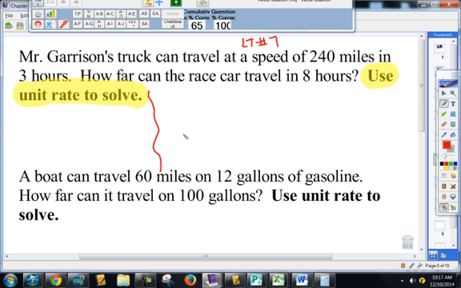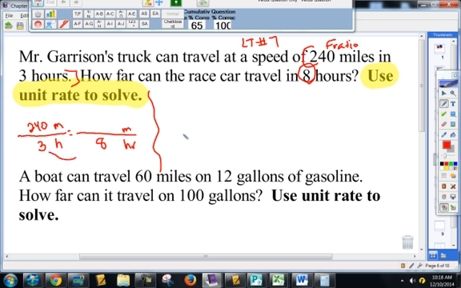We use it as a rate, right? Miles and hours. Now what's my fake ratio? Right here, right? We know that my truck can travel 240 miles in 3 hours. So then we just figure out, well, what's our real information? What piece of real information did they give us? And then we'd put 8 there. And then we would cross multiply and divide, and we'd get an answer. Everybody agree with that?